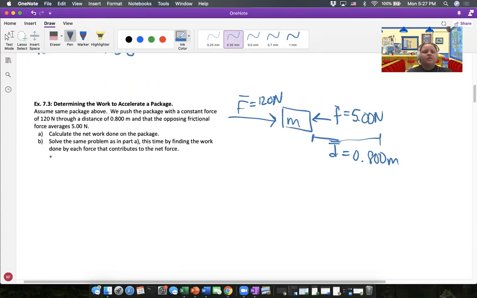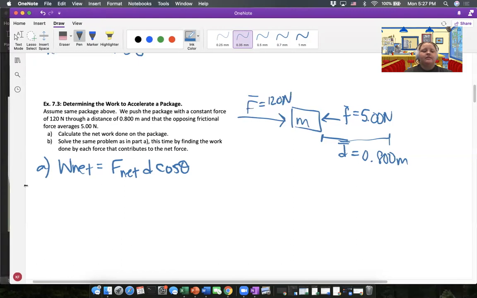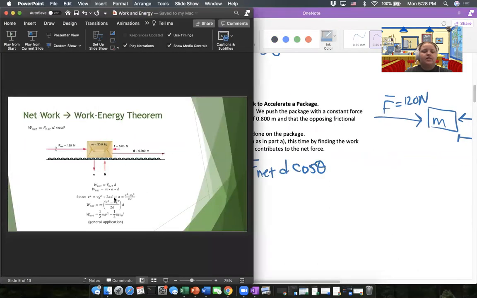Now we want to calculate the net work done on the package. For our first part, our net work is equal to our net force times our displacement times the cosine of the angle between the force and the displacement. As you may have noticed, this example is the exact same problem as the one we looked at before.